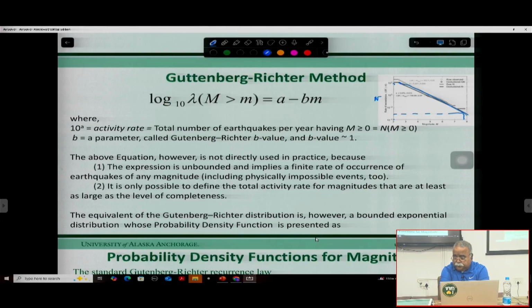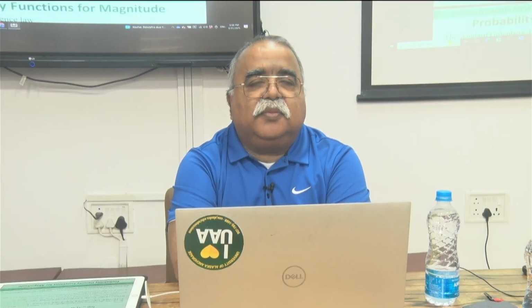Although this is your N, the number of earthquakes, it has been modified by the earthquake hazard analysis group. So instead of N, we write lambda.